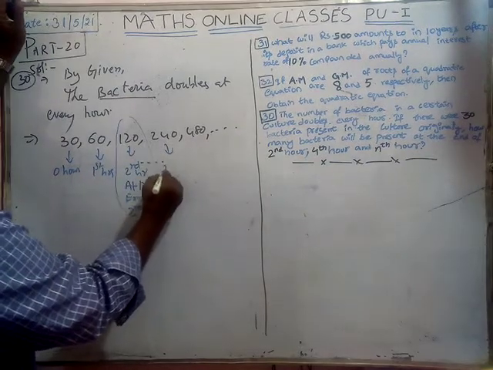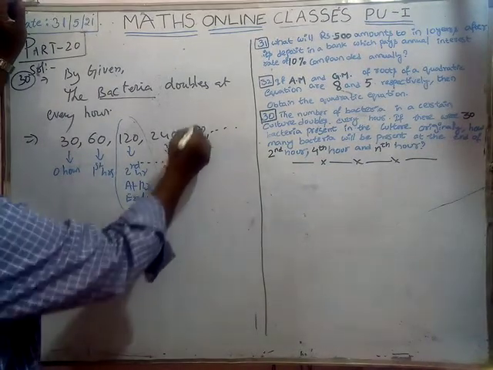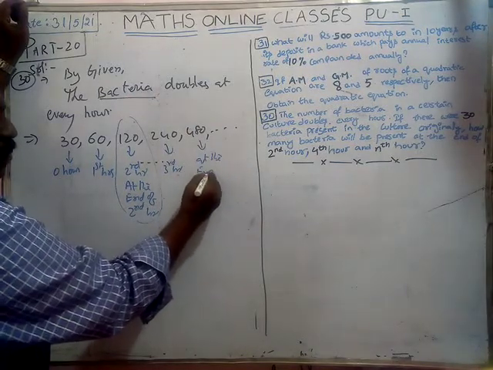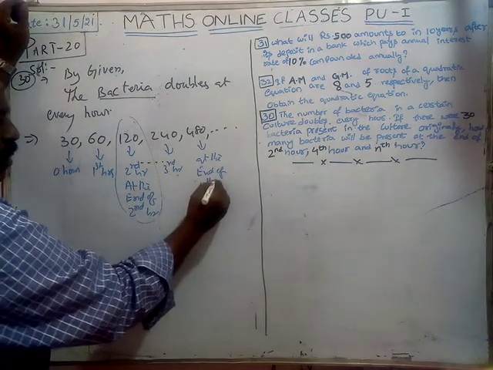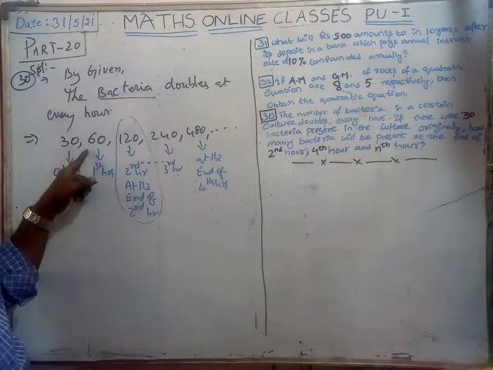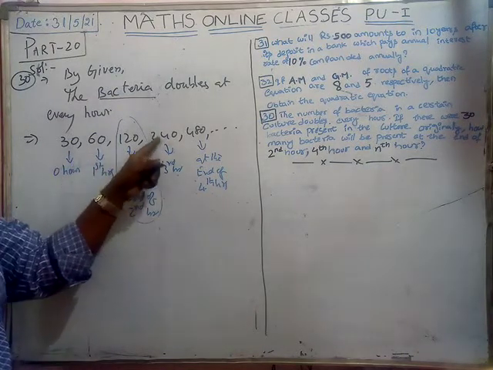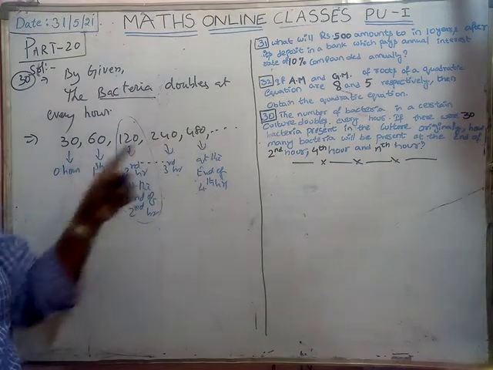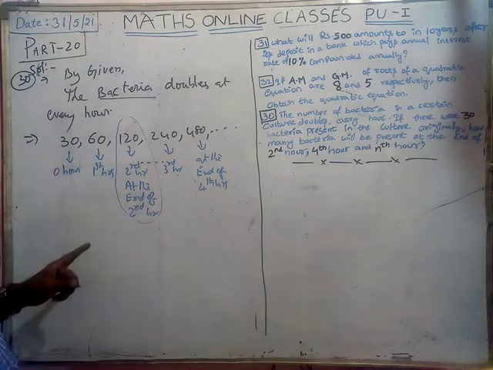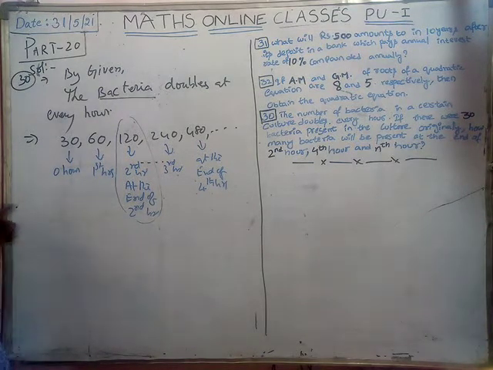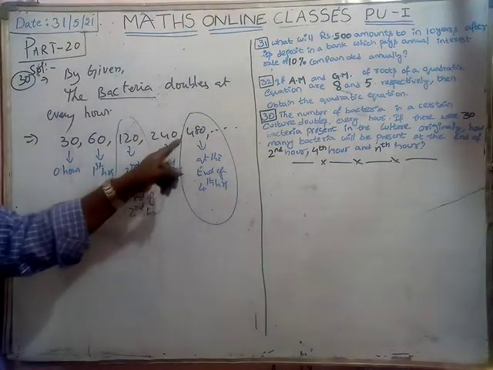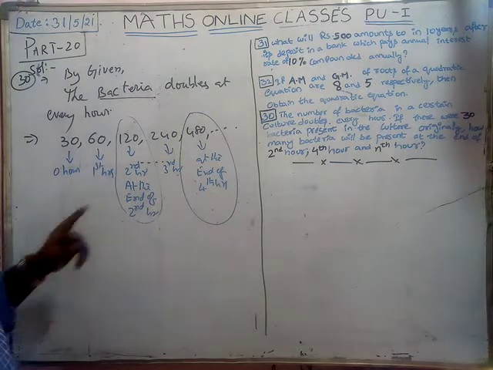This is third hour, and this is at the end of the fourth hour. We may feel that this is the second hour because first hour, second hour, third hour, fourth hour, and we will write the answer as 60, 240, like that. It is wrong. But here at the end of the fourth hour, how many bacteria are there in the culture? It means 480. At the end of the second hour it is 120.